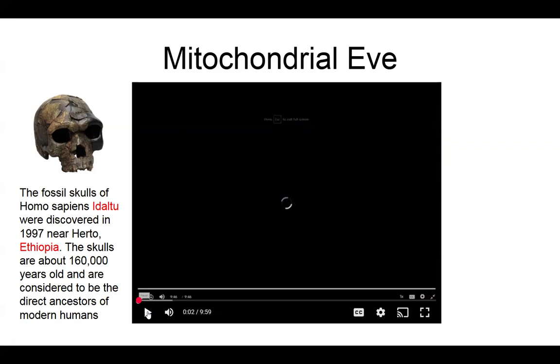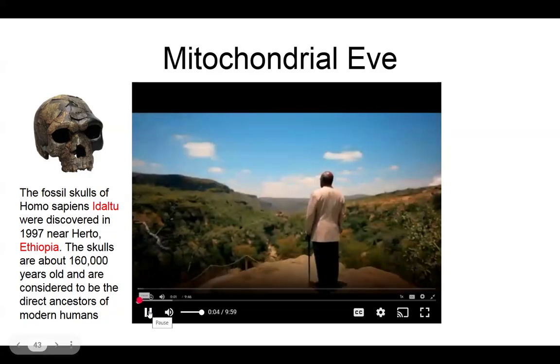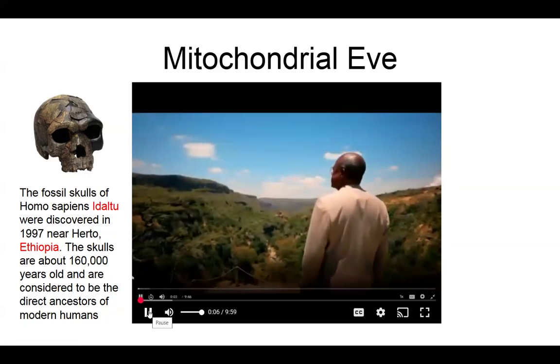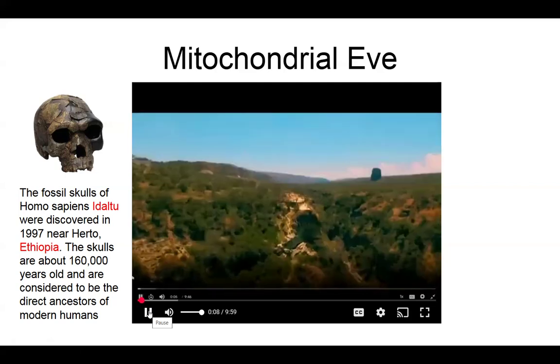The skulls are about 160,000 years old. Mind you, I've only found one picture of it, but the article said the skulls are 160,000 years old and are considered to be the direct ancestors of modern humans. Africa's Great Rift Valley.